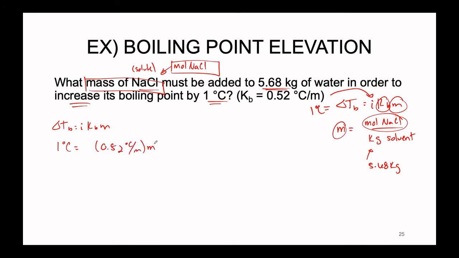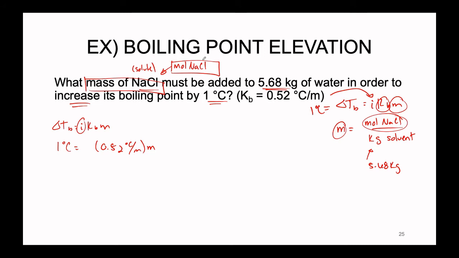m is an unknown. It seems like the only piece of information we really don't have yet to fill in and solve for molality is the Van 't Hoff factor. Well, we just saw a couple of slides ago, how to find the Van 't Hoff factor is by observing how the solute actually breaks down in solution.